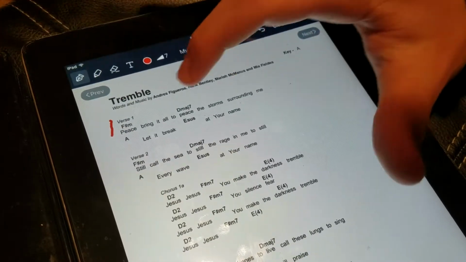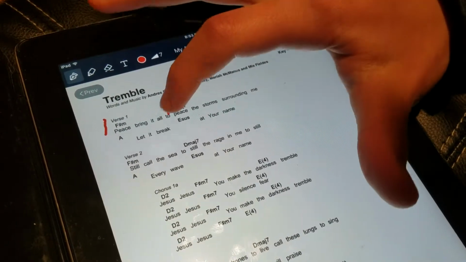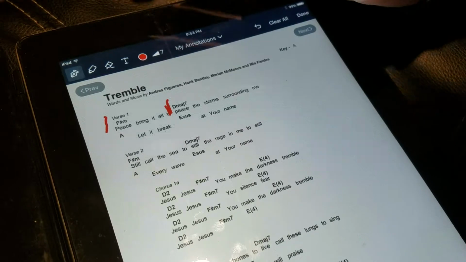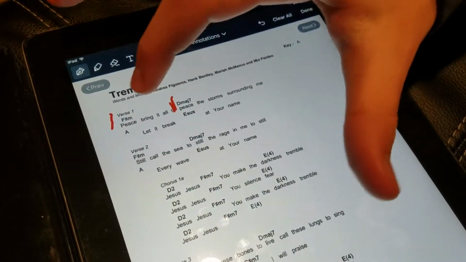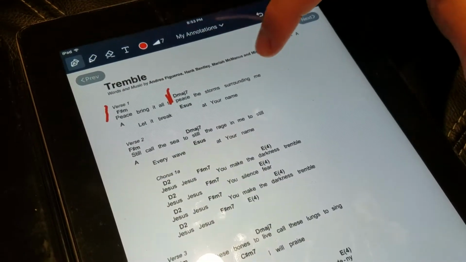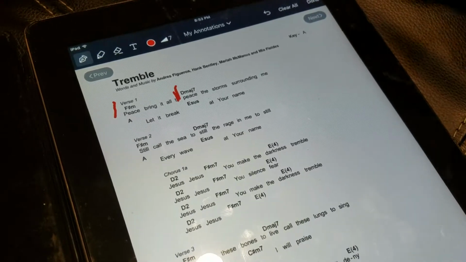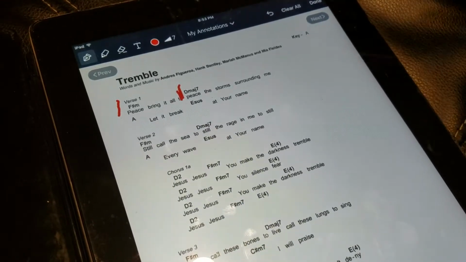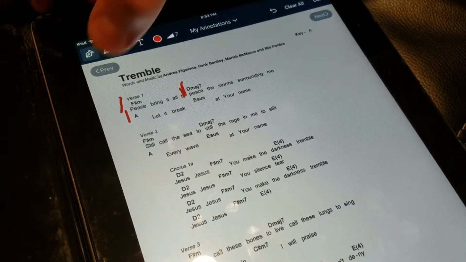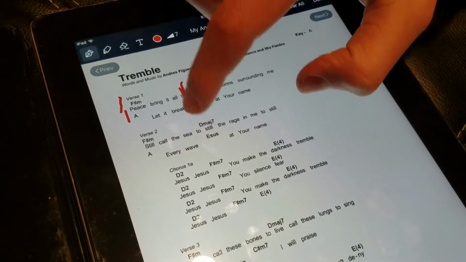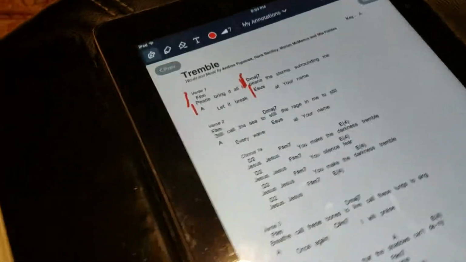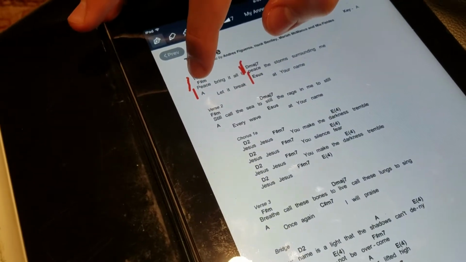So there's right there. Sorry, my terrible writing. Right there. That's good. Okay. This piece, the storm surrounding me, and then there, and there. Okay, so let's put out dots that represent each of the beats as well.